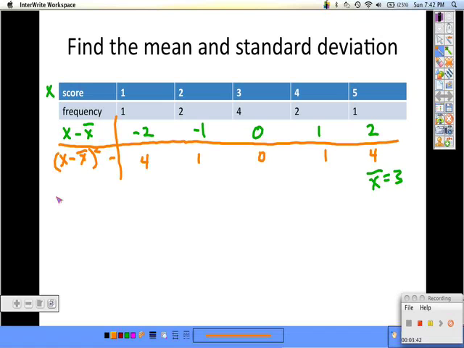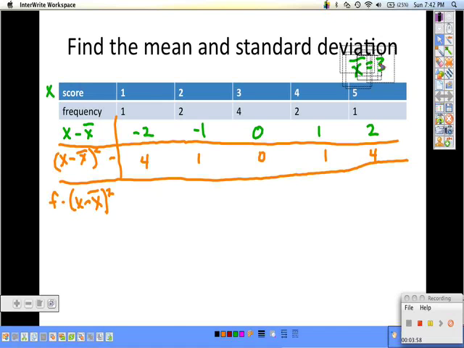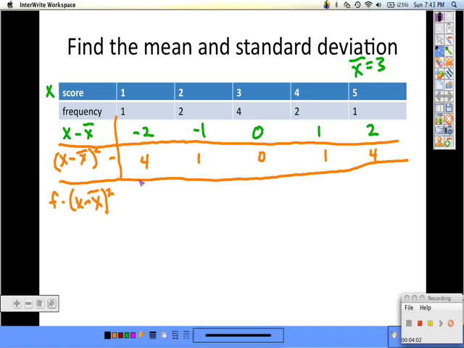and then the formula says to take the frequency times each of these. So we'll have 4, 2, 0, 2, 4. 4 times 1, 1 times 2, 0 times 4, 1 times 2, and 4 times 1.